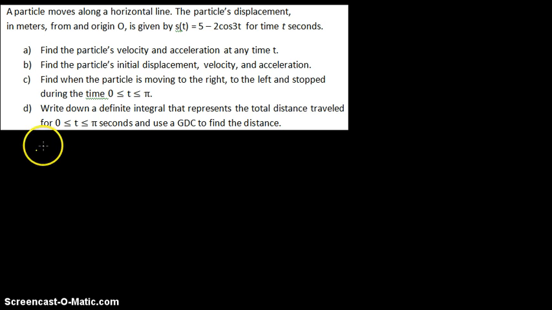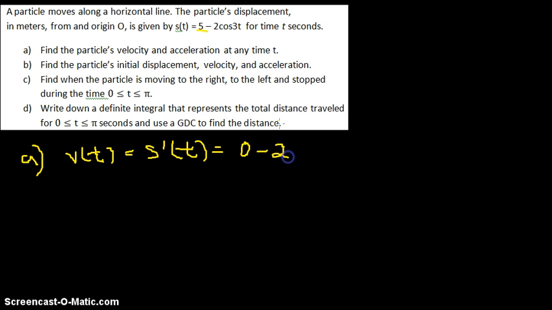So for velocity, for part A, velocity is just equal to the first derivative of my displacement function. If I differentiate 5 minus 2 cosine 3t, the 5 is gone, it becomes 0, so I have 0 minus 2 times the derivative of cosine 3t, which gives negative sine 3t.